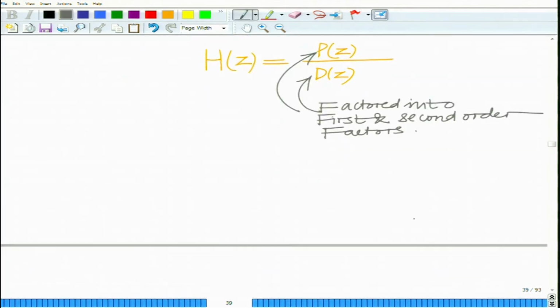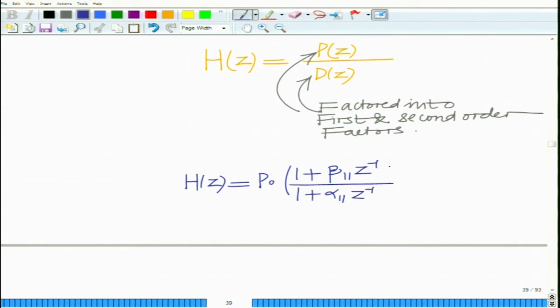For instance, let us say this is given as H(z) equals p naught into (1 plus beta 1 1 z inverse) divided by (1 plus alpha 1 1 z inverse). This is the canonical form.